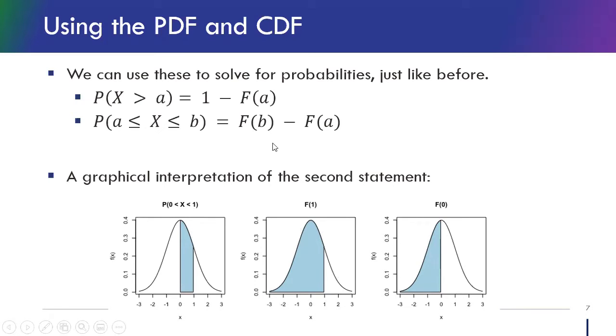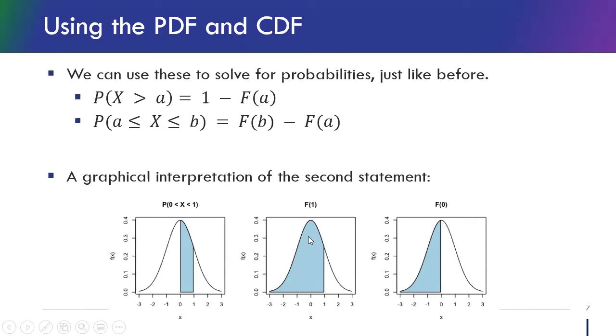So for example, this is trying to calculate x in between 0 and 1. So a equal to 0 and b equal to 1. So we want to get this area in between 0 and 1.